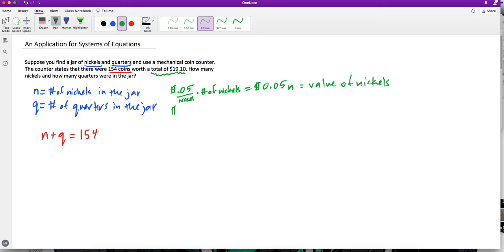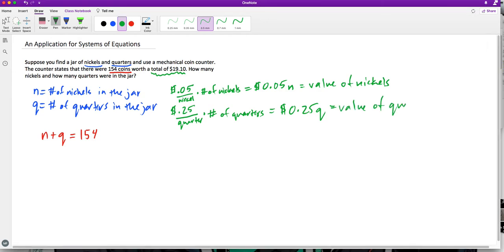Similarly, the value of quarters is 25 cents, in other words 0.25 of a dollar per quarter, multiplied by the number of quarters. That's 0.25 times Q, and that's the value of the quarters.